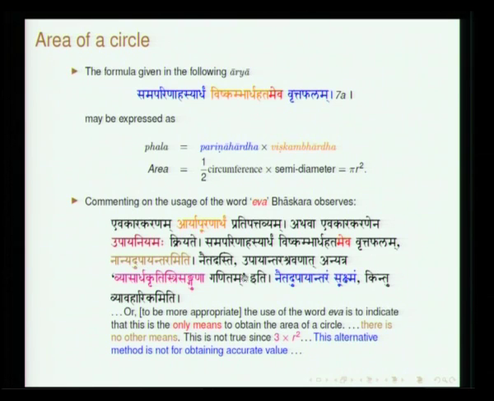Then he asks this question: no, this does not seem to be appropriate, naitadasti upayantara shravanat. There are also other means. So, what is that upaya? He says anyatra vyasadha kritihi trisanguna ganitam. Somewhere it is stated, vyasardha kriti: vyasardha is radius, kriti is square.